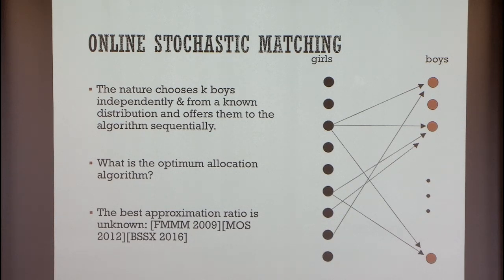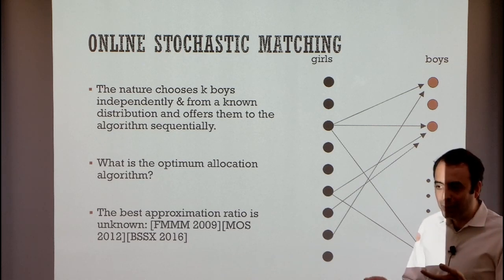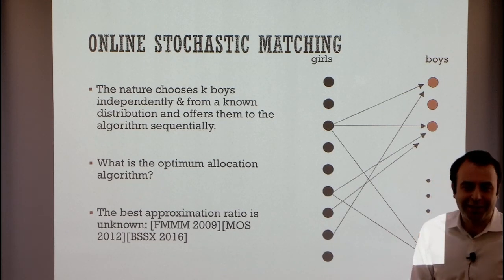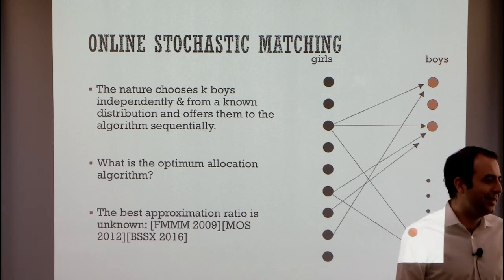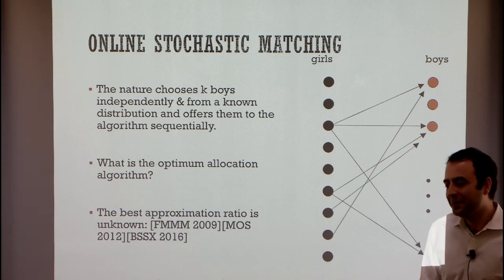But for such a simple central problem, it's unfortunate that there is still such a gap between the lower and upper bound for the problem. So if I want to end with a specific, concrete problem, here it is. Thank you.